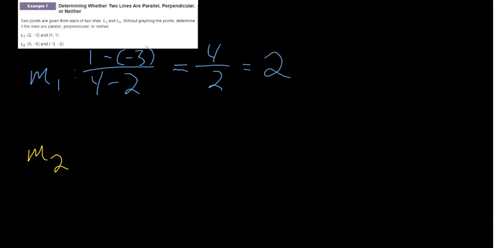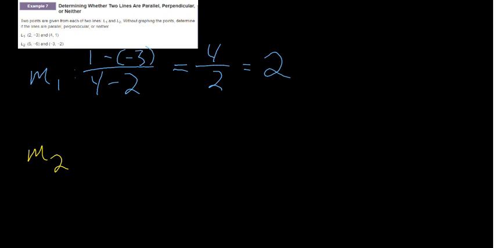I don't know what the second line's slope is just yet. But if it's the same as line 1, we know it's parallel. If it is the negative reciprocal, we know that it is perpendicular. And if it's neither of those, then it's going to be neither. So let's go ahead and do line 2.